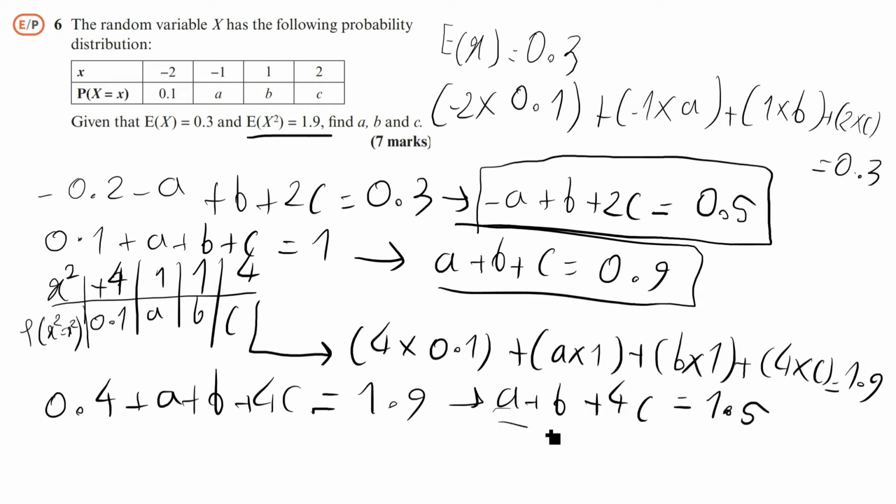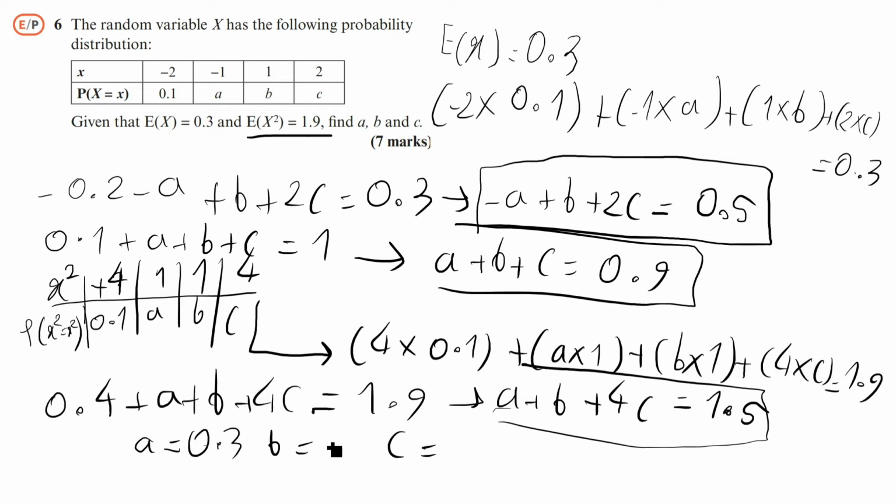Now we have three equations with three unknowns. The last step is using our calculator's equation solver function, and we can get the values of a, b, c. So the answers are a is 0.3, b is 0.4, and c is 0.2.